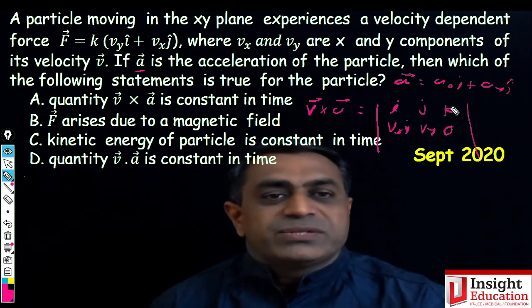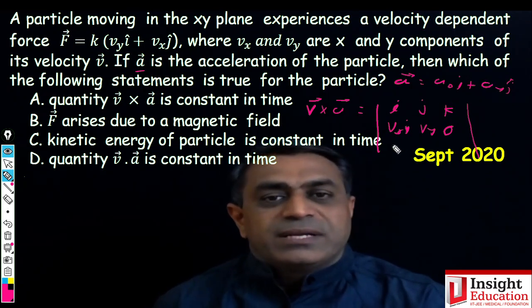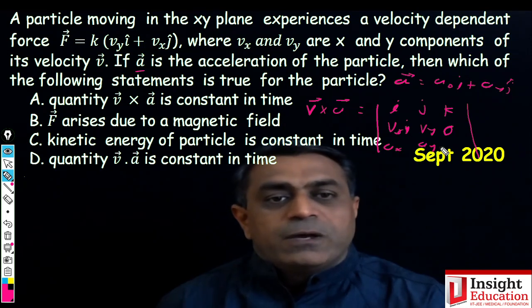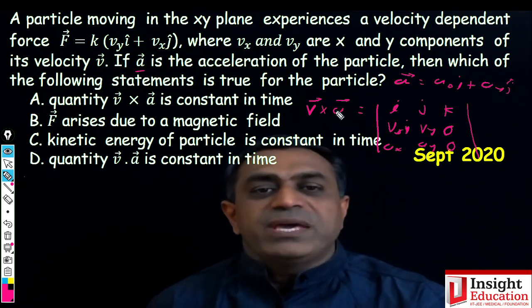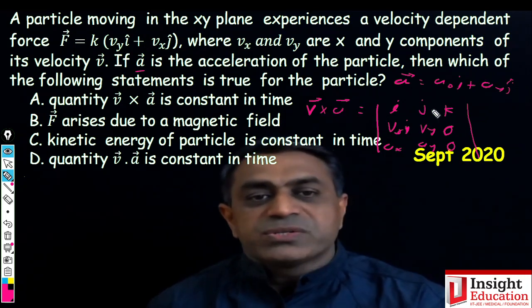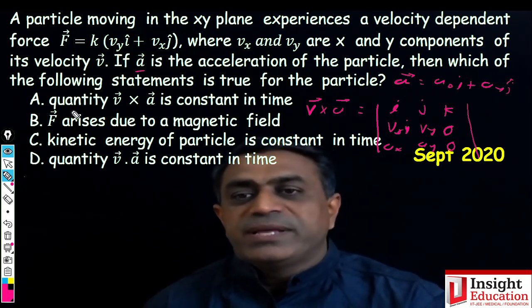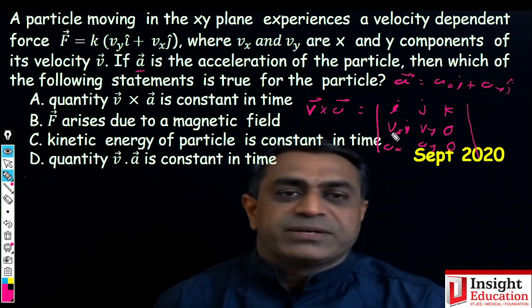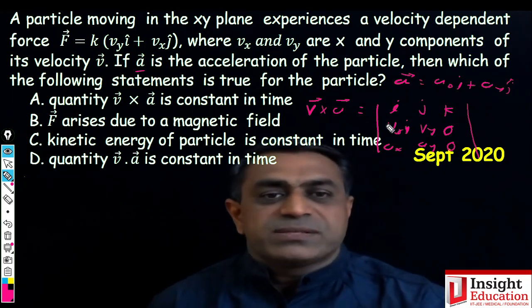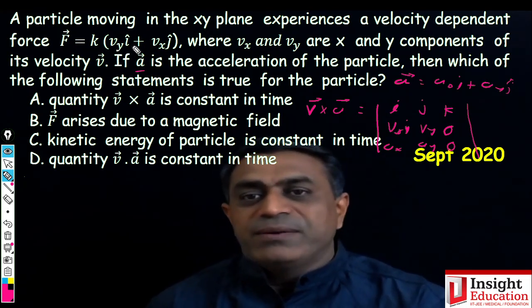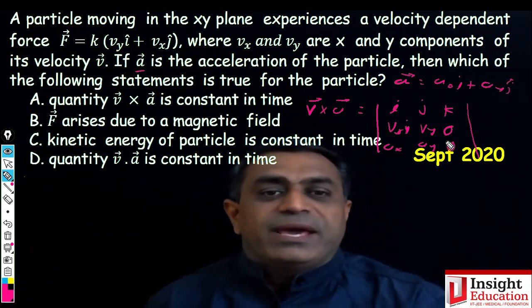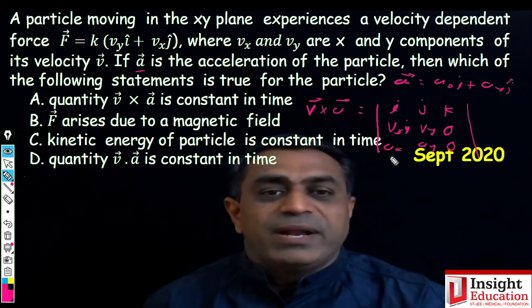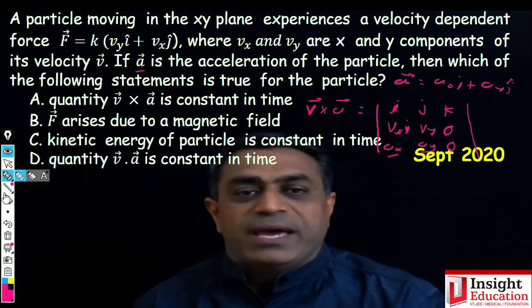Okay, for acceleration, I can write Ax, Ay and 0. From this I can calculate V cross A. So if V cross A is constant, then I can say answer A is correct. Now Vx and Vy both are known, so the unknowns are Ax and Ay. Our target is to find out Ax and Ay.